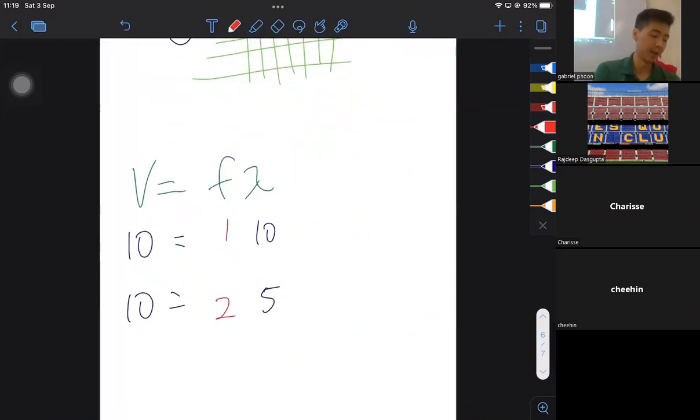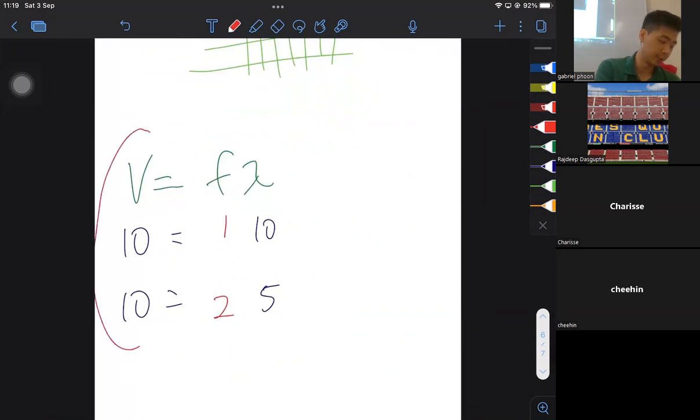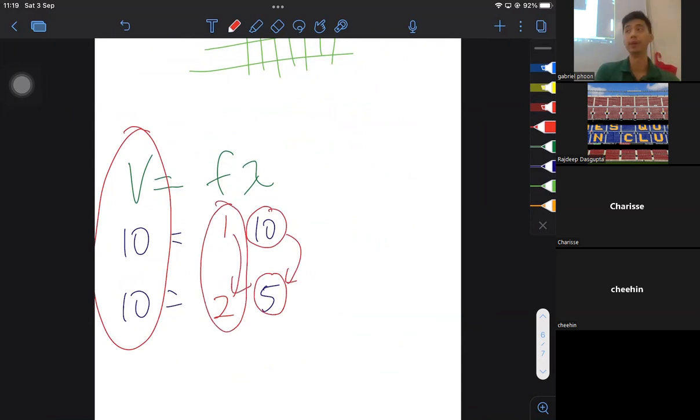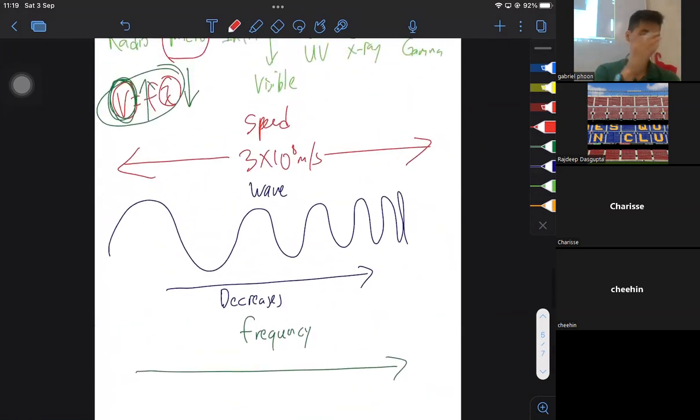First and foremost, this is mathematics, guys. We know that if the speed is the same, a decrease in the wavelength is actually going to cause my frequency to increase. This is mathematics, right? So if I understand that the wavelength is decreasing as it goes down the spectrum, the frequency actually increases, guys.